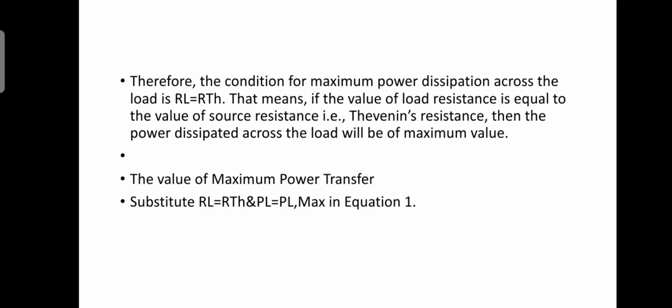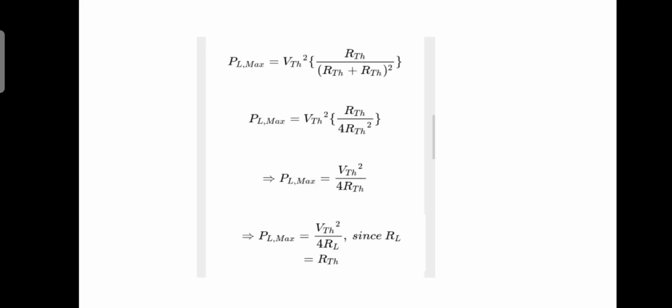The value of maximum power transfer. Substitute RL equal to Rth and PL equal to PL max in equation 1. Then we get PL max equal to Vth square into Rth by Rth plus Rth whole square, because RL equal to Rth. PL max equal to Vth square into Rth by 4 Rth square.